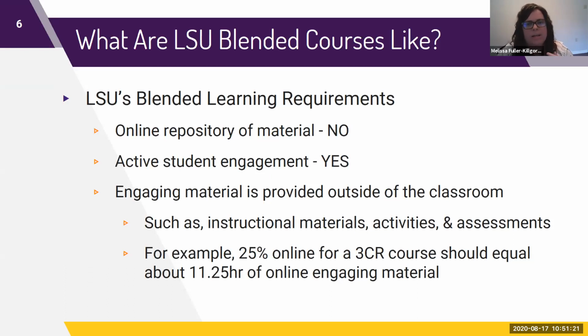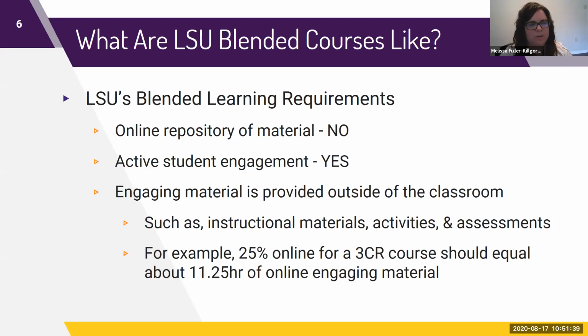So none of y'all are doing the BC sessions, but you probably have an idea of what percentage of your course is going to be offered online. I would encourage you to keep that in mind as you're building out your course.